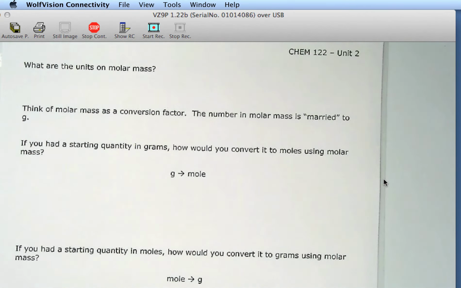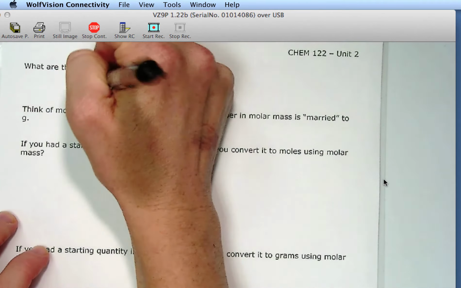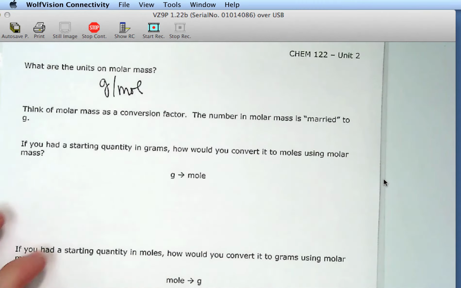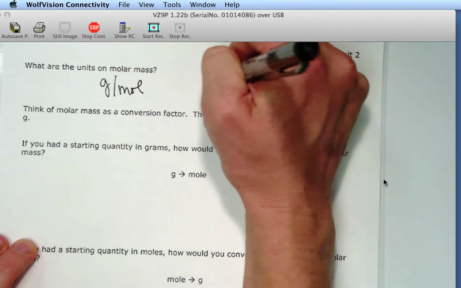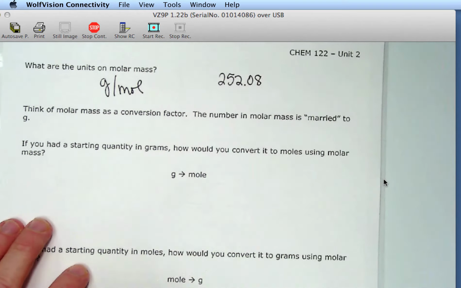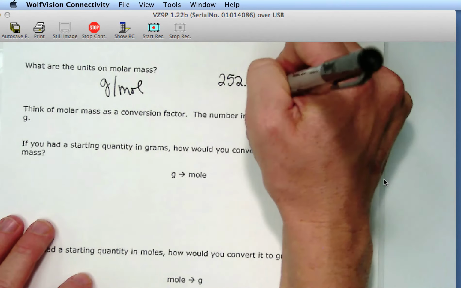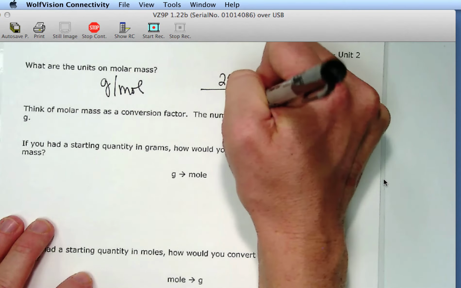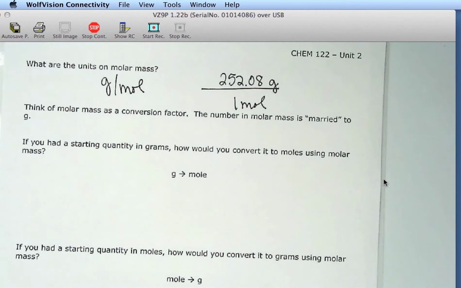Yeah. All right. What are the units on molar mass? Grams per mole. Think of molar mass as a conversion factor. The number in molar mass is married to grams. So I say that, it might not make sense. That 252.08 is married to that grams. They're not getting a divorce.